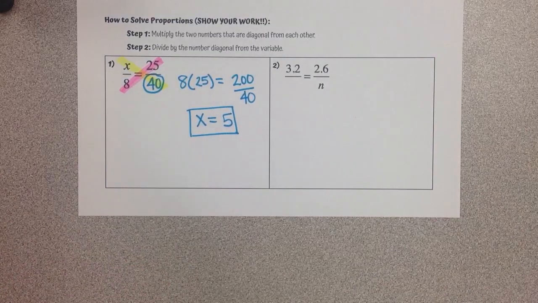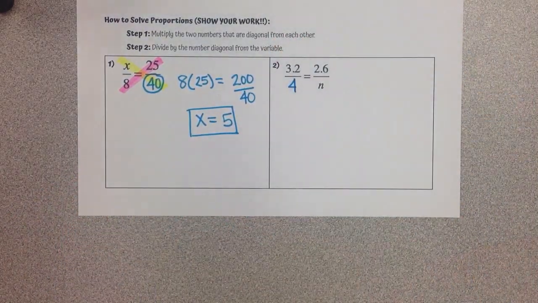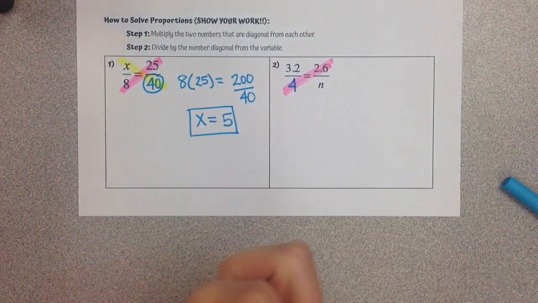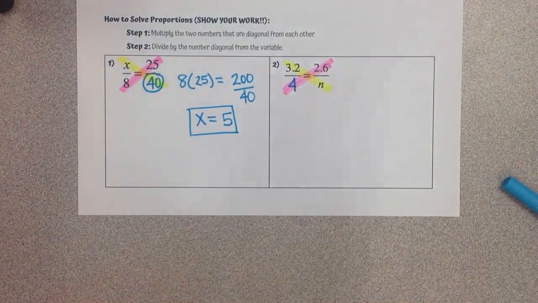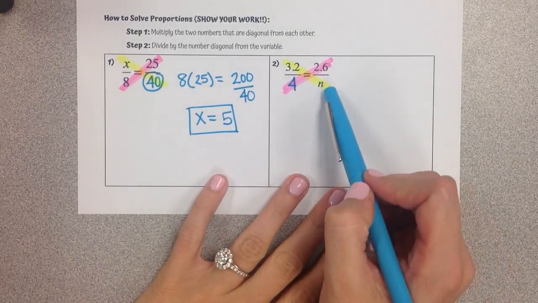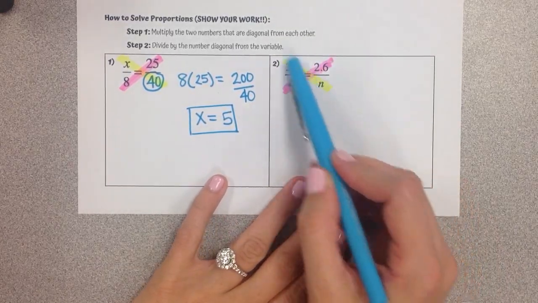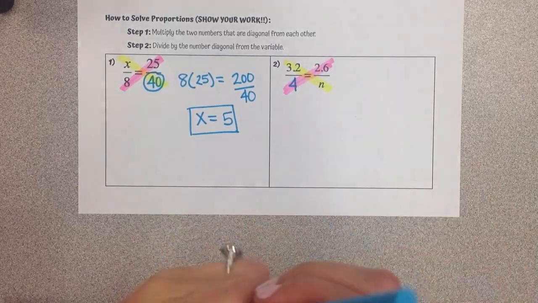All right, number 2, we have 3.2 over 4. So again, I'm highlighting my 2 diagonals. I've got one diagonal here in pink, my other diagonal here in yellow. So which of my diagonals, the pink or the yellow, has 2 numbers in it? The pink has 4 and 2.6. The yellow has 3.2 and n. So the one with 2 numbers is the pink one.